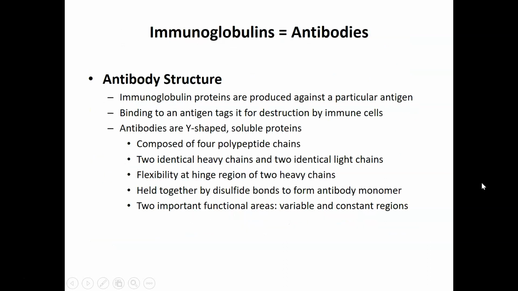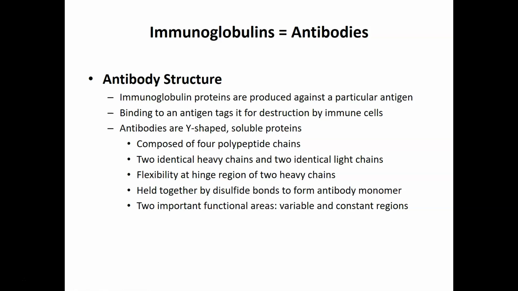All right, let's switch to the other topic, which is antibodies and the humoral response. I want to talk about antibody structure first, and then I'll talk about what antibodies do when the humoral response is triggered. Antibodies, also called immunoglobulins, are proteins that are produced in response to a specific antigen.